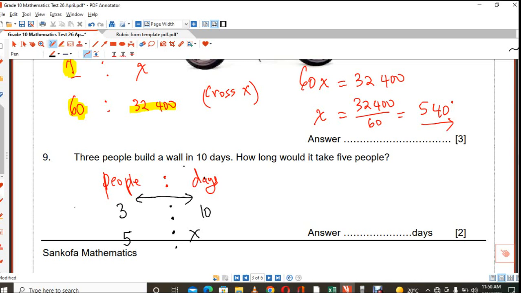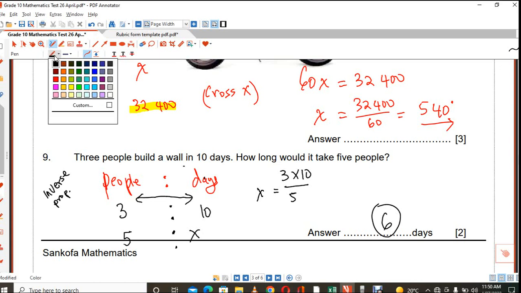That's the first thing. The moment you realize something is inverse or indirect proportion, then you do that. You say 3 times 10 should be the same as 5 times something should give you the same answer. I can put my 10 there, my x there. So I'm multiplying 3 times 10 divided by 5 for me to get the answer, which happens to be 6 days.